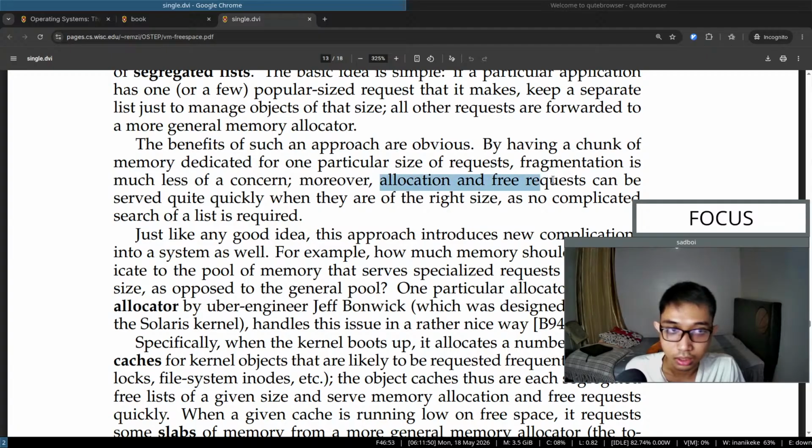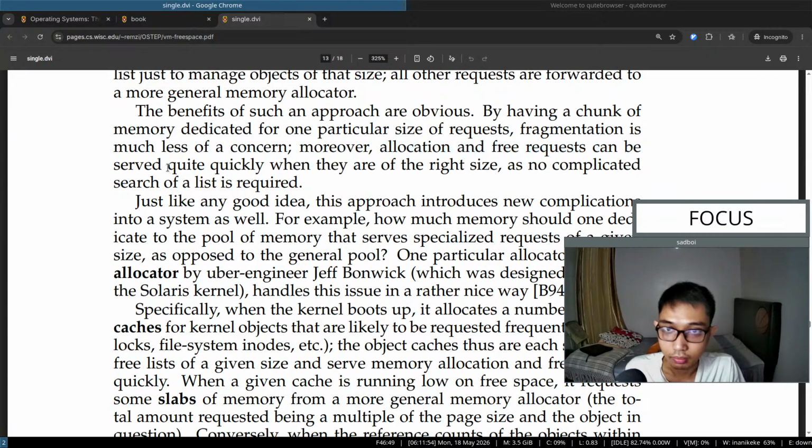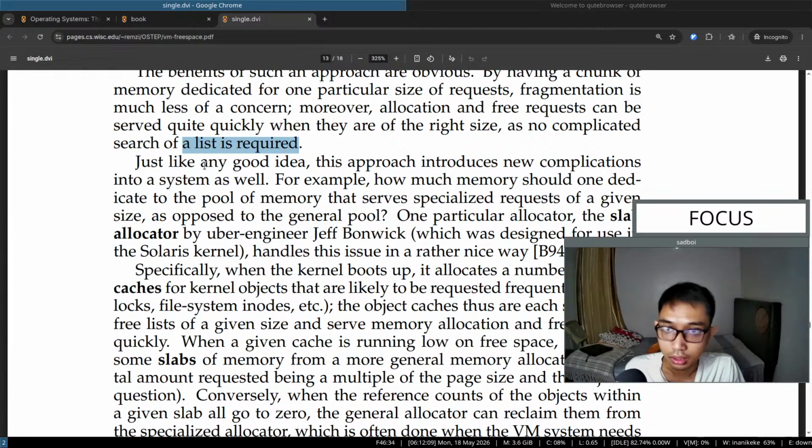Moreover, allocation and free requests can be serviced quite quickly when they are of the right size, as no complicated search of a list is required. Just like any good idea, this approach introduces new complications into a system as well.